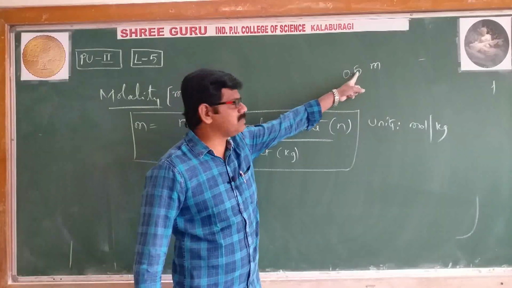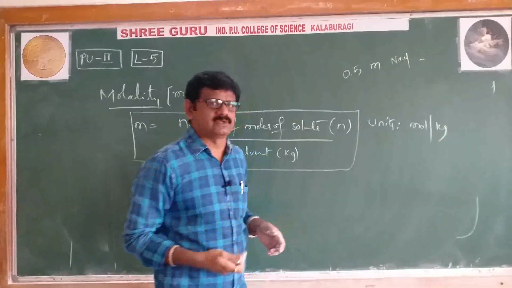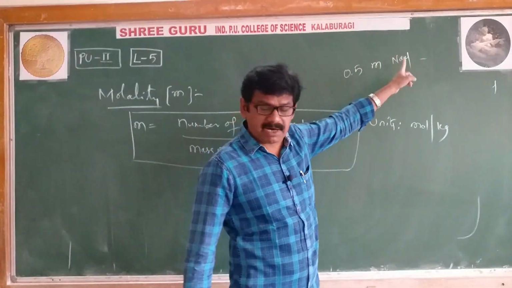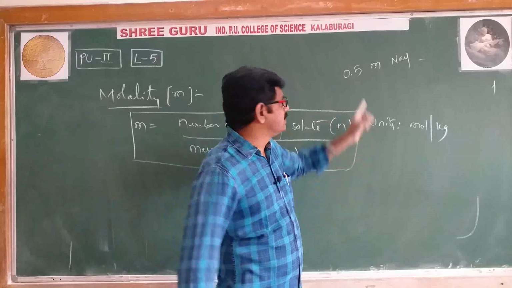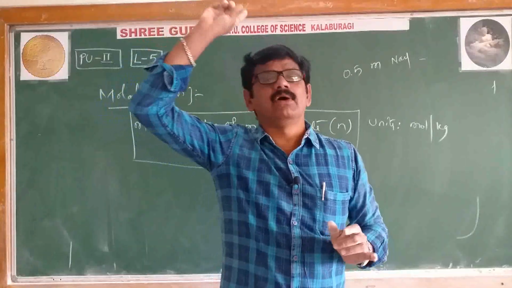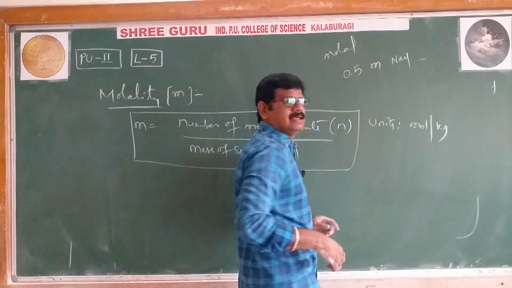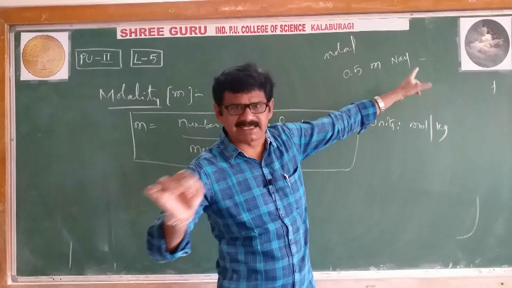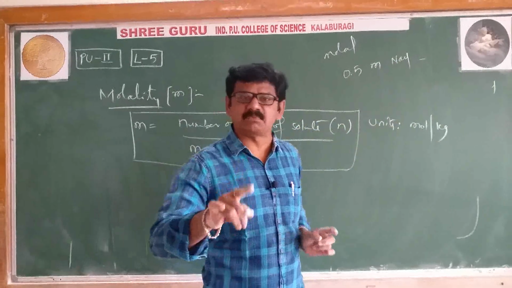Very simple. 0.5 mole per kg NaCl, or 0.5 molal NaCl. In the case of molarity we used molar; here it is molal, spelled M-O-L-A-L. 0.5 molal NaCl, or 0.5 mole per kg NaCl, or 0.5 molality NaCl, or 0.5 small m NaCl.